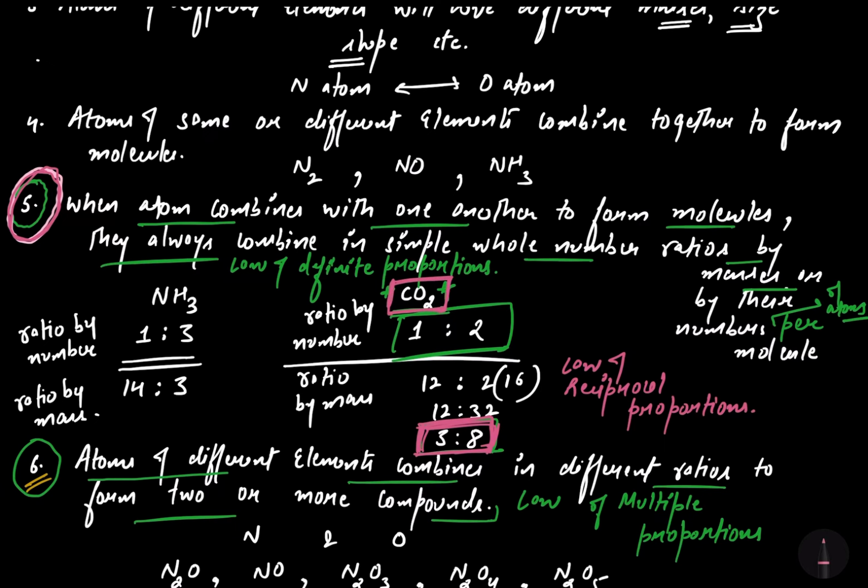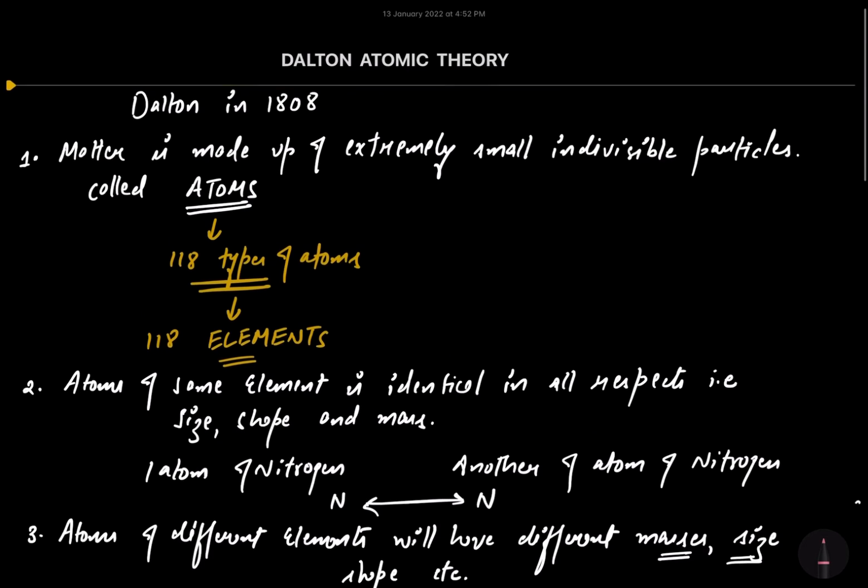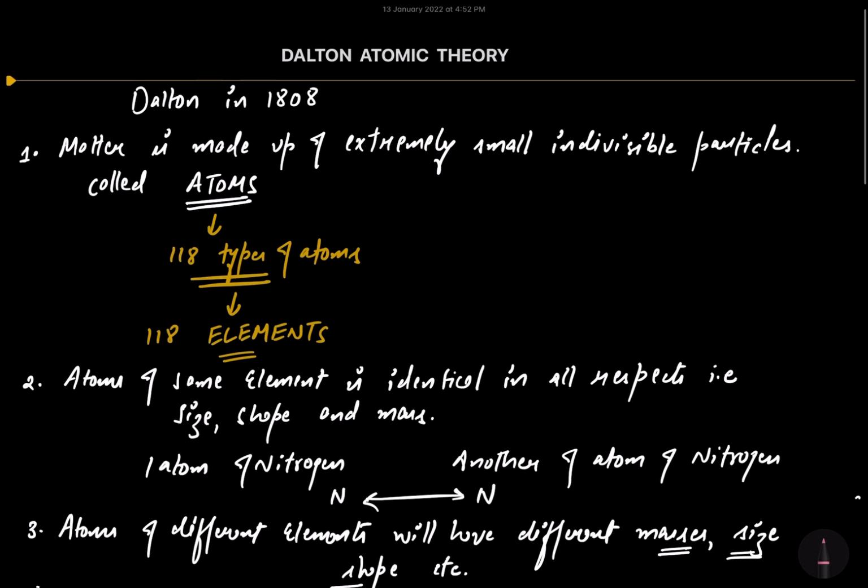Because this ratio was constant, I was able to evaluate the law of reciprocal proportion. If any student hasn't got this point, please go back to my lecture. So hopefully, my dear students, you all understood the Dalton atomic theory.